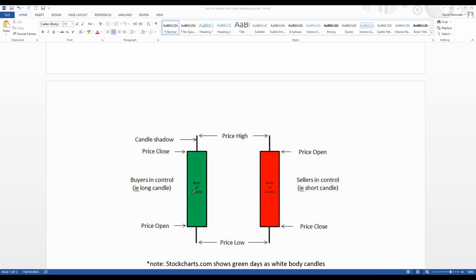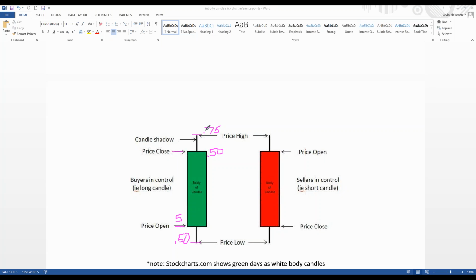Well, on a green day, the bottom of the candle down here is where the stock price opened. And then the top is where the price closed. And then these wicks here, as they're referred to, represent the total daily range on the day. So you might have a stock open at $5, trade down to $4.50, close at $5.50, but it went as high as $5.75.